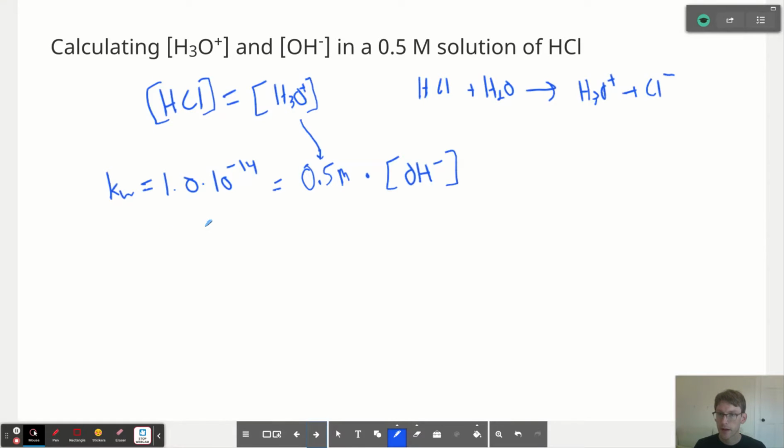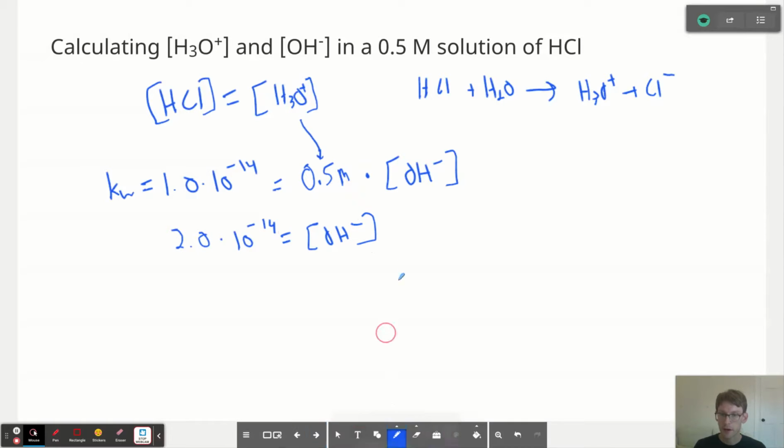If we did the math out, we would find that our OH- concentration is equal to 2.0 times 10^-14.